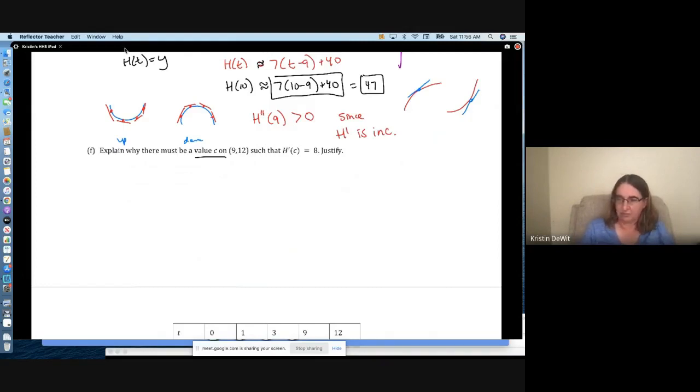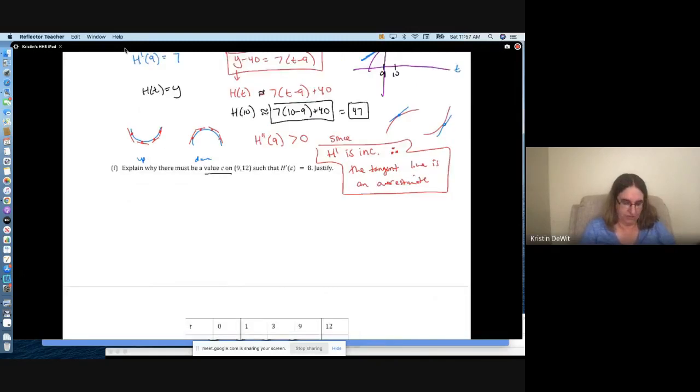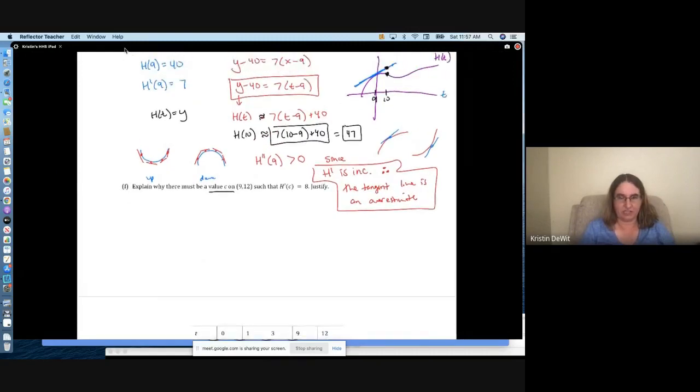So since h prime is increasing, we can say, therefore, the tangent line is an overestimate.